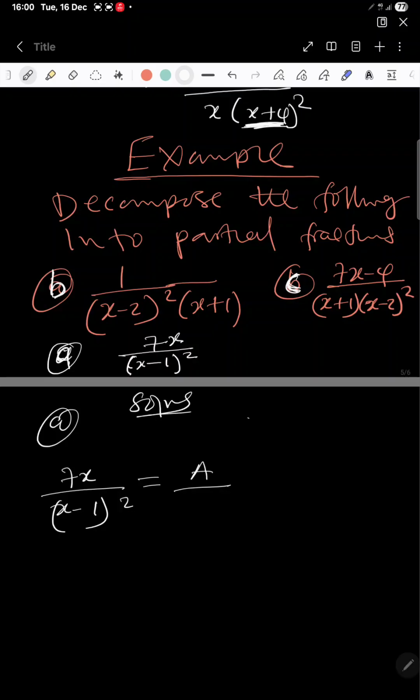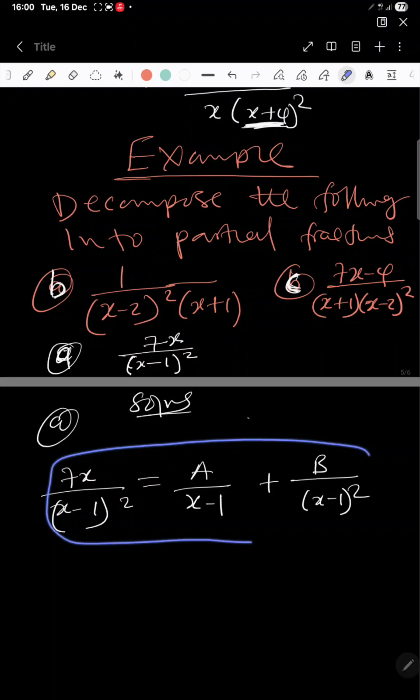You start by saying A over what is just inside, so A over x minus 1, then plus B over the whole repeated factor, which is x minus 1 squared. So you say A over what is only inside, plus B over everything given as repeated.